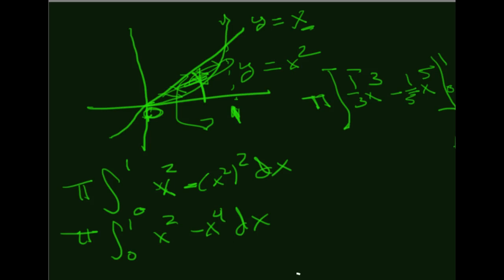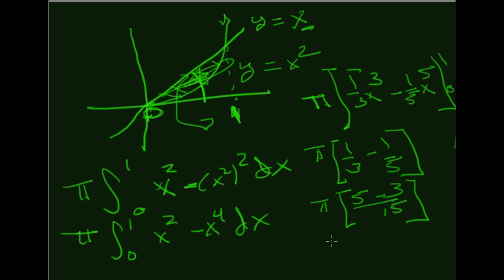So if I put the 1's in there, I'm going to get 1/3 minus 1/5. If I put the 0's in there, I get the 0's. So this is pi times 5 minus 3 over 15, which should be 2 pi over 15 cubic units. All right, so there you go.